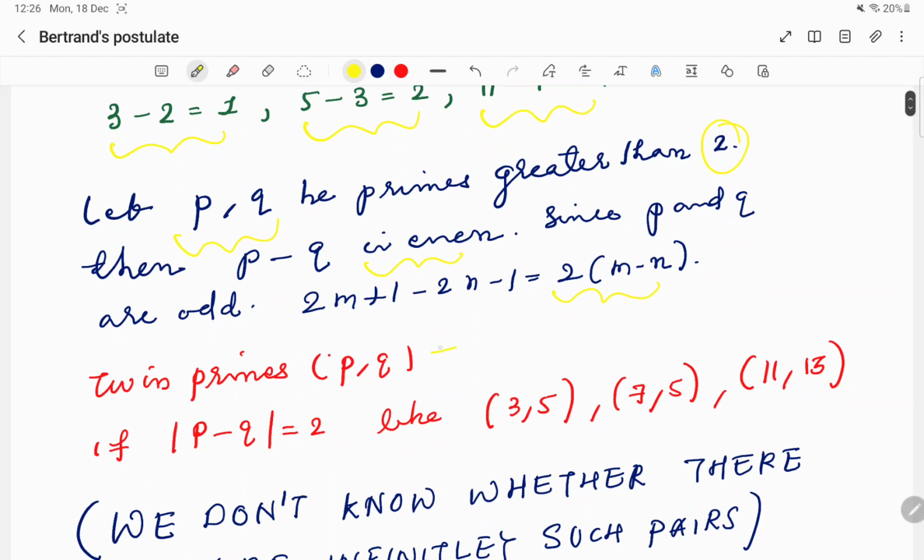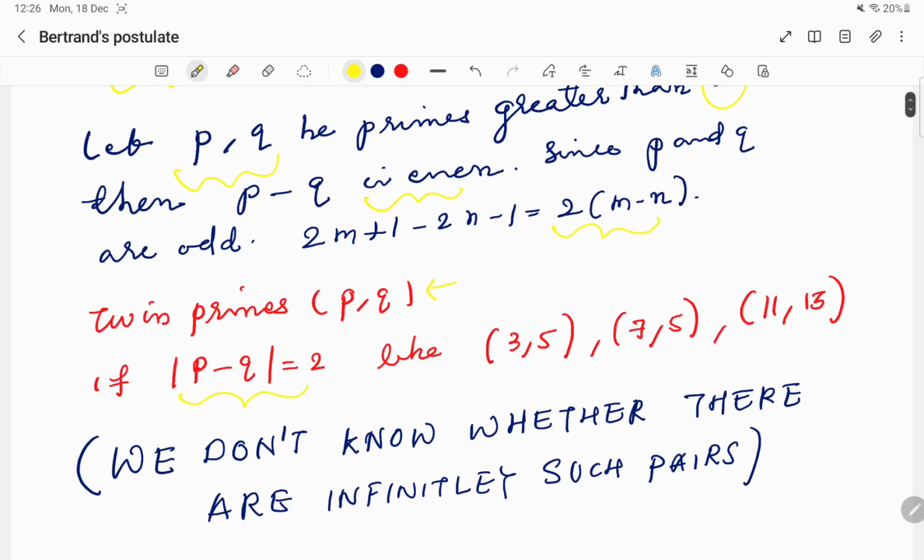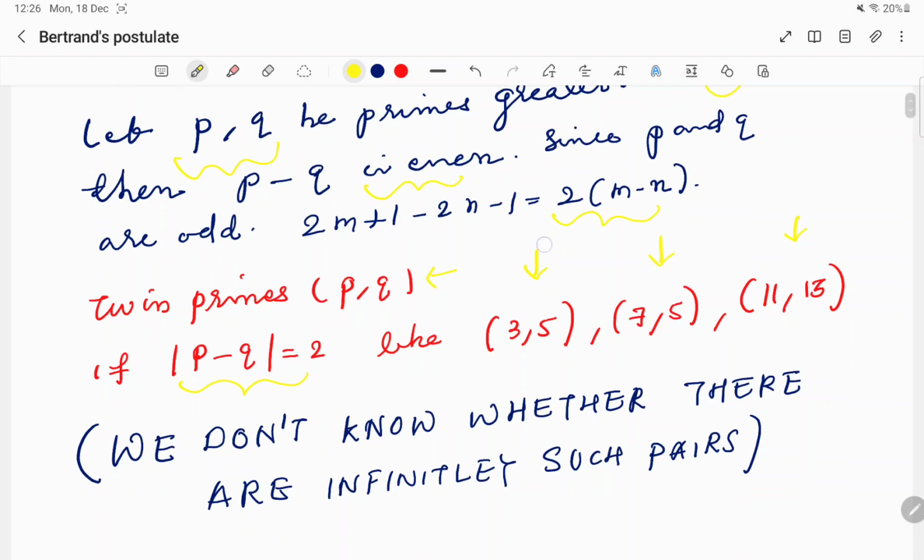Okay. Next, what are twin primes? The pair of primes p, q are called twin primes if the difference is 2, right? If the modulus of p minus q is equal to 2, I'm using the modulus, not mentioning which prime is greater, then we call these twin primes. These are some examples: twin prime pairs 3 and 5, 5 and 7, and 11 and 13, right?